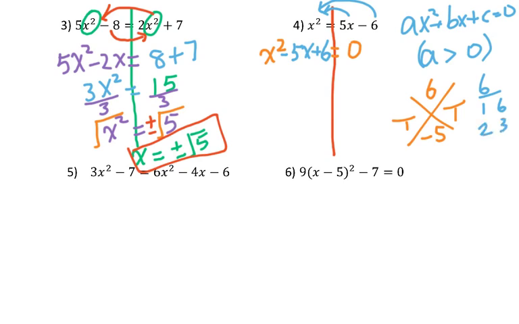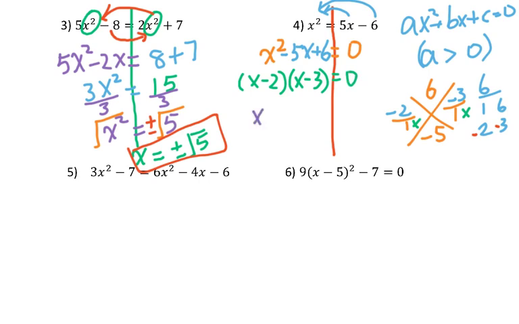I get +5, so change the sign. You will get the -2, -3. Then the variable will be x. So bottom up, you can write down x minus 2, x minus 3 equal to 0.